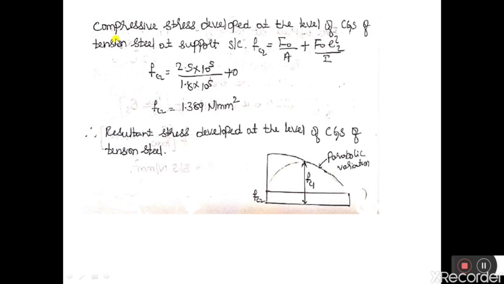So let us calculate compressive stresses developed at the level of CG of tension steel at support. The previous one we took as Fc1, and this one let us take as Fc2.